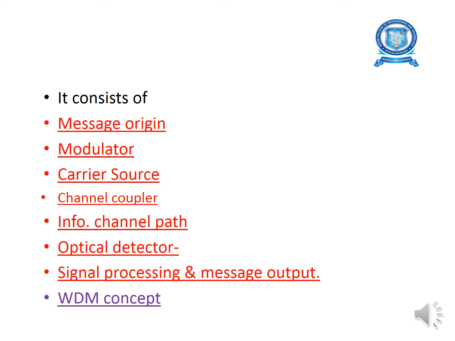The final section is the receiver section. It combines the optical detector, signal processing and message output. The receiver consists of a detector that detects the optical signal and converts it into electrical current signals. The electrical current developed by the detector is proportional to the power in the incident optical signal.